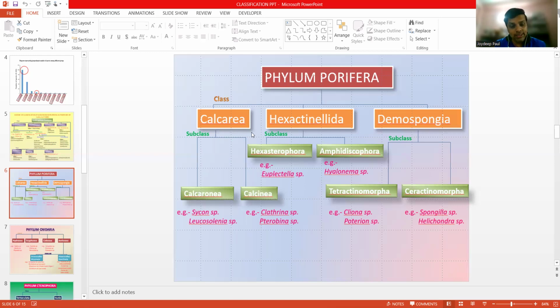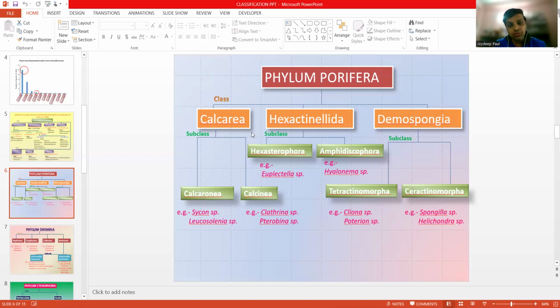Example, Euplectella species, which is commonly known as Venus flower basket. Subclass 2 is Amphidiscophora, spicules comparatively larger, and both ends of the spicule are provided with disc-like plates. Example, Hyalonema species.